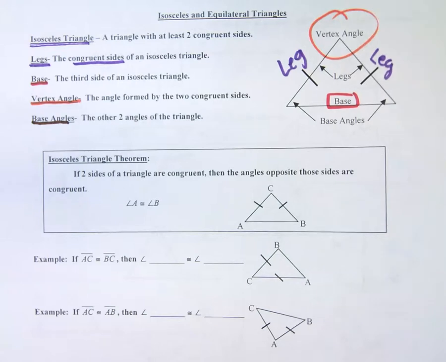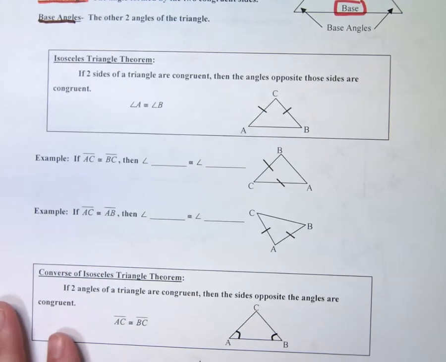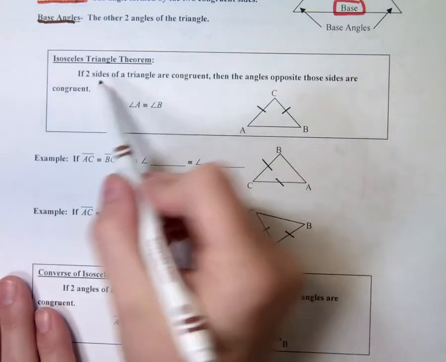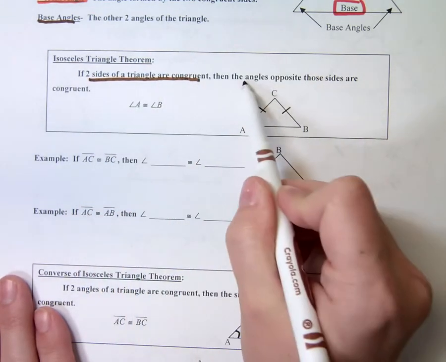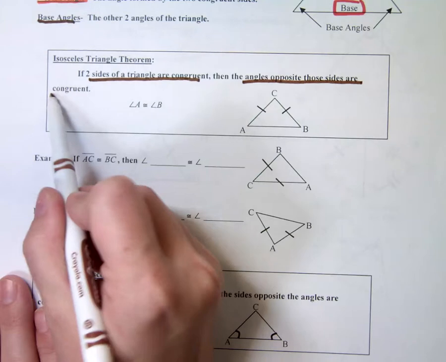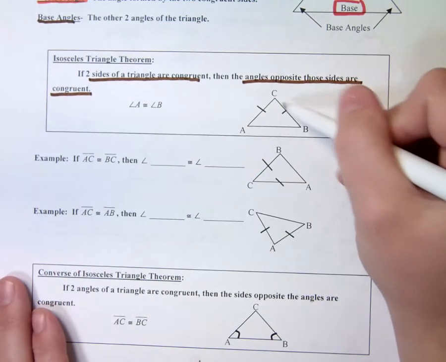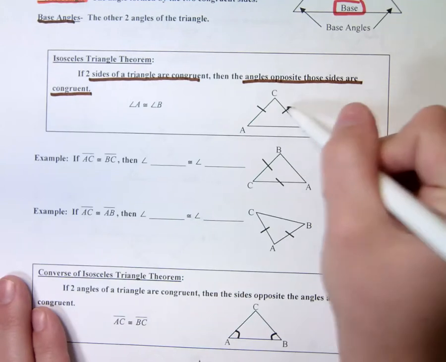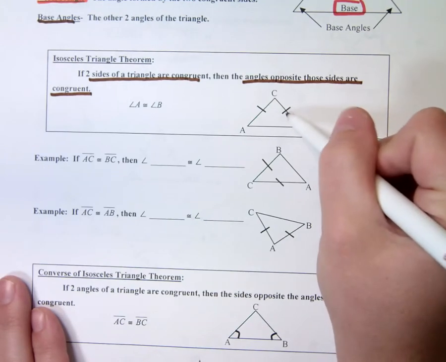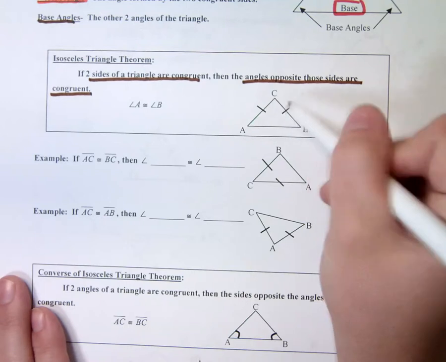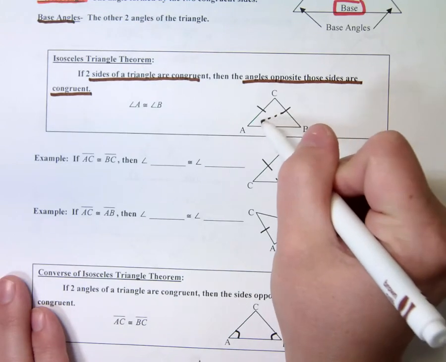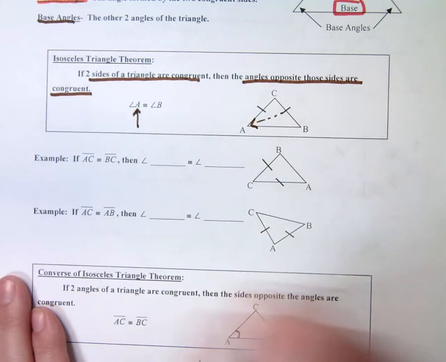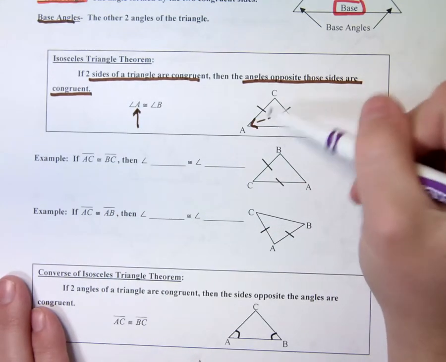Okay, first thing to learn: the isosceles triangle theorem. This says if we have two sides of a triangle that are congruent, then the angles opposite those sides are congruent. Okay, so if these two sides are congruent, the angle opposite this, the angle across from this side, so this angle's next to it, this angle's next to it, the angle across from it, angle A, will be congruent to the angle across from this one.